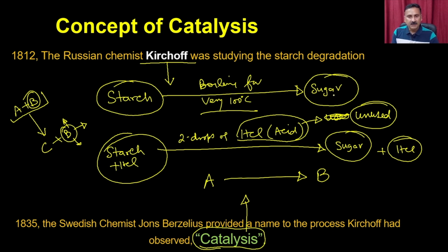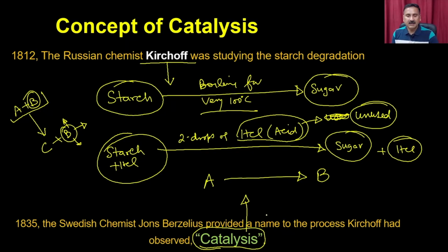The reaction was still happening, but the amount of sugar he was getting from this process was very low. So that started a new branch of science which says that you can enhance the reaction without consuming a molecule, and that process is called catalysis by the Swedish chemist Berzelius.